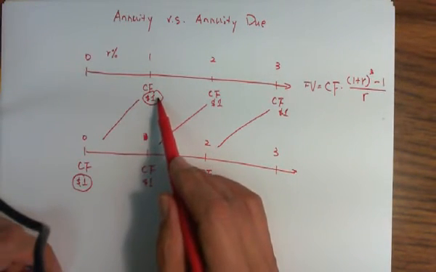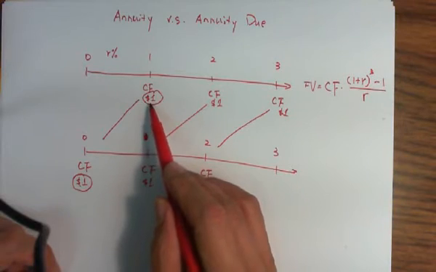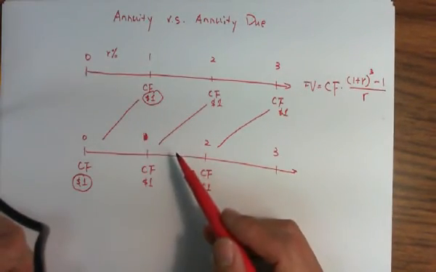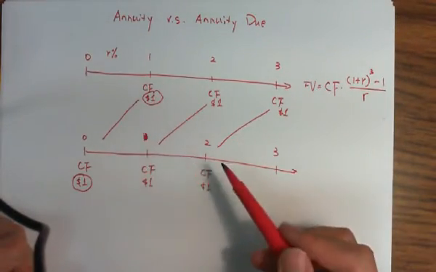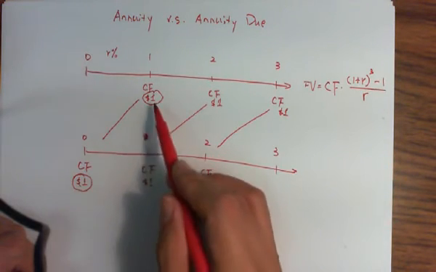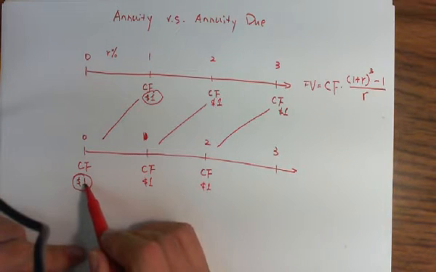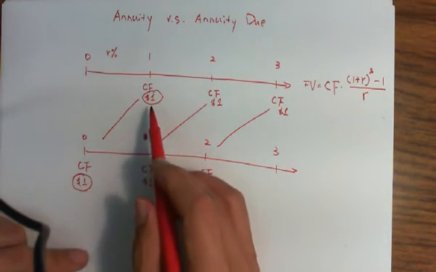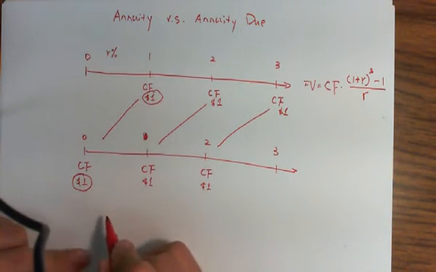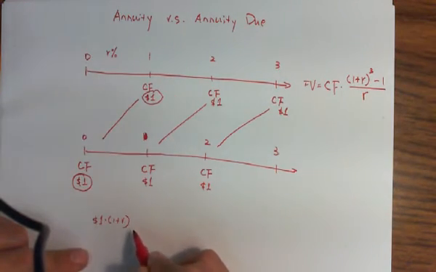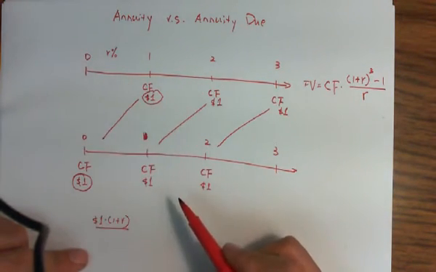That is a dollar in 1 period, or 1 year. So this $1 is more valuable than that $1. Actually, this $1 is equivalent to this amount of dollars at the end of year 1.